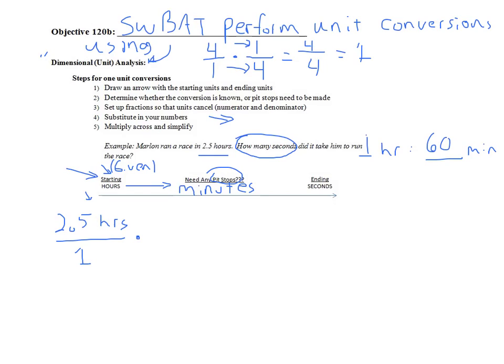And minutes to seconds: I know that 1 minute has 60 seconds. Once we have our roadmap, we actually write those numbers and relationships. What's the relationship between hours and minutes? What's the relationship between minutes and seconds? We have that right here.